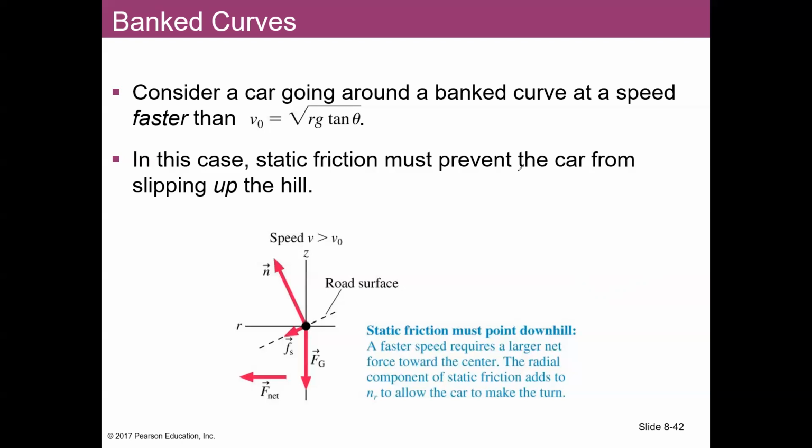And the r component of normal now adds with the r component of static friction to give a bigger net force. So it's not just a single force responsible for these accelerations. In this case, it's a sum of components of two separate forces that are related, that gives us this net force.